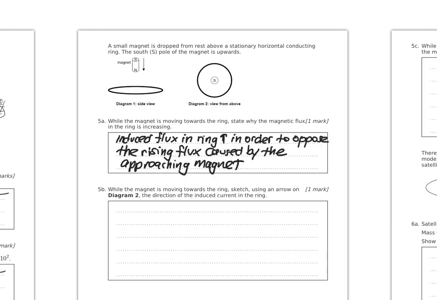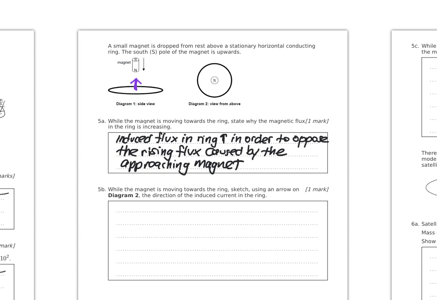All right, and then it says while the magnet is moving towards the ring, sketch the direction of the induced current in the ring. So we have an inbound north pole of the magnet. So the induced current is going to make a magnetic field to oppose that. So then the induced magnetic field will point upwards to oppose the incoming north pole.